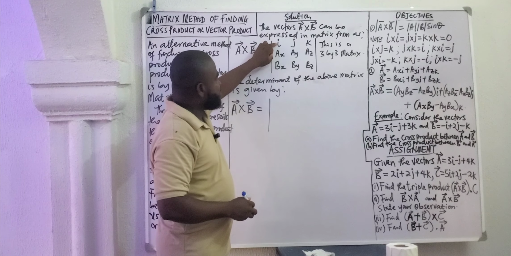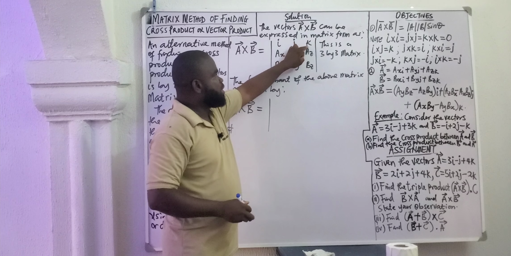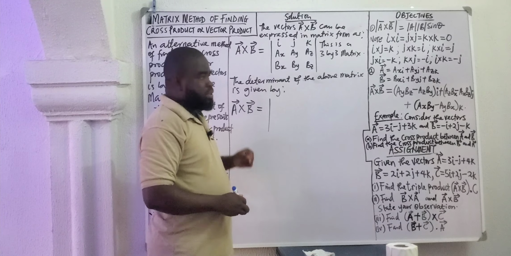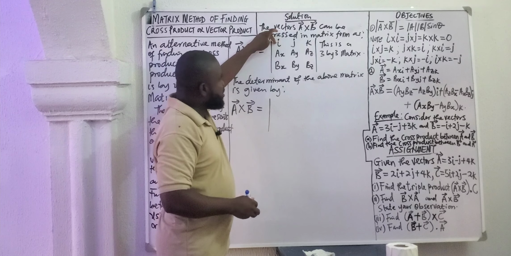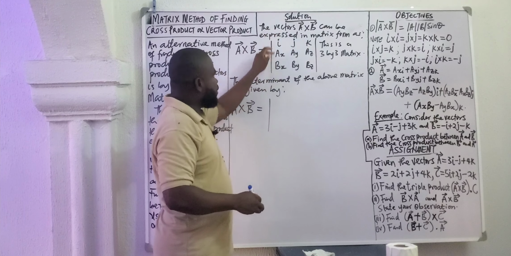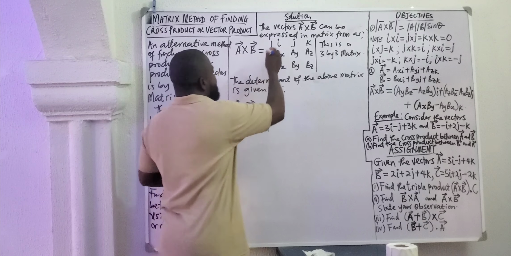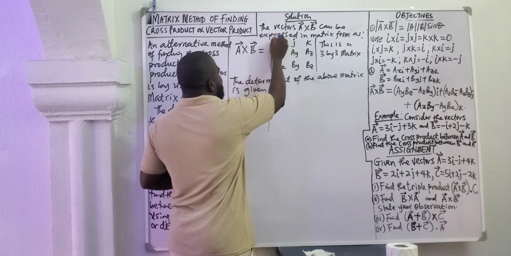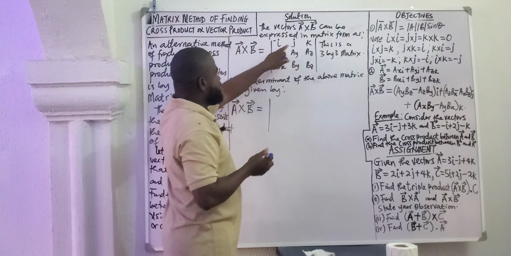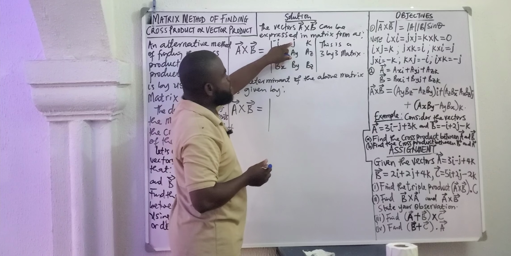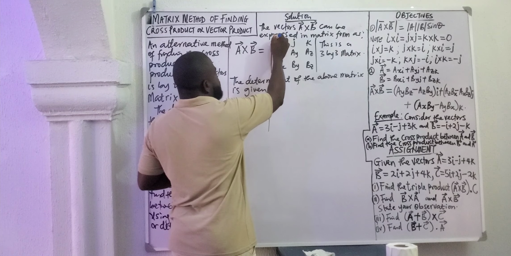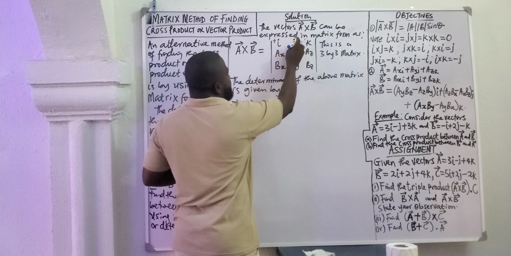Now, the unit vectors i, j, k are in the first row of this matrix. i is on the first row and first column, and the positional sign for that is plus.